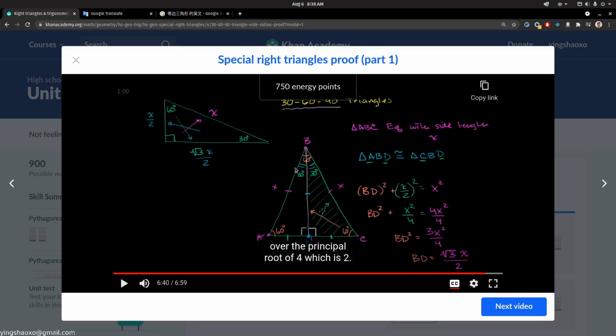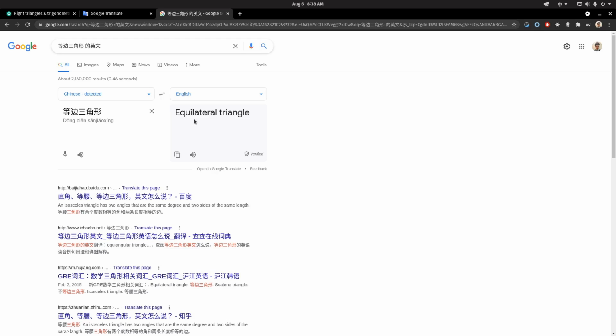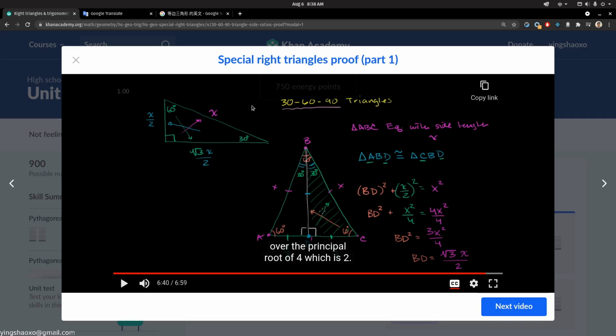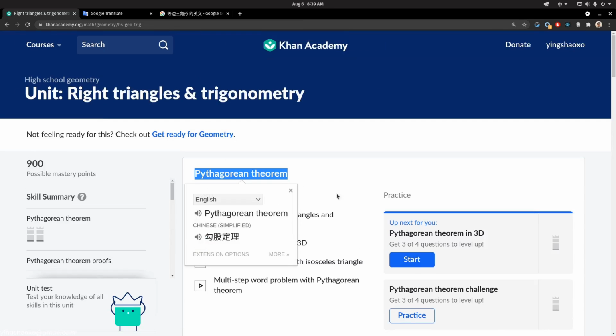Right. So the idea of this theorem has come out from the equilateral triangle. All you have to do is split the equilateral triangle into two equal triangles. Then you could get that result, or get that principle or rule, out of the Pythagorean theorem.